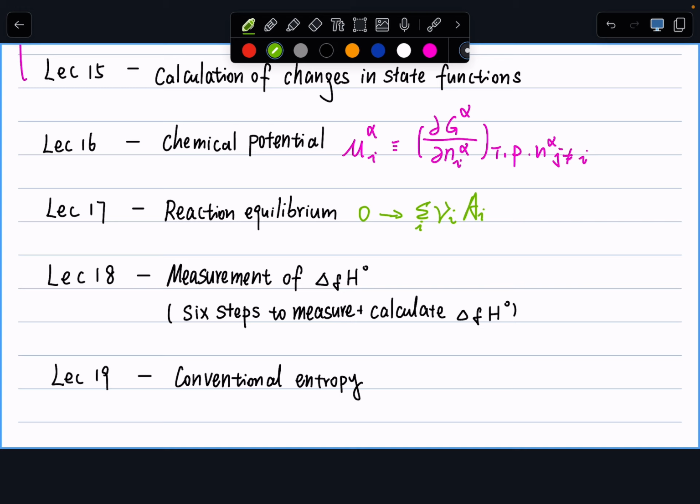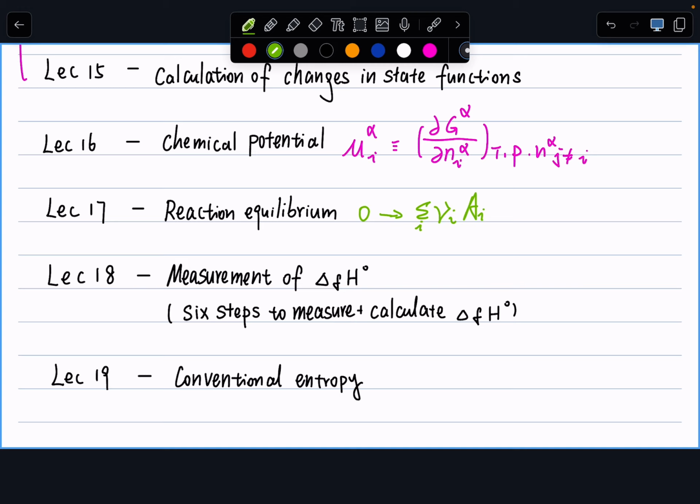If we have a reaction like aA plus bB goes to cC, what is the stoichiometric coefficient of my chemical species A? That's negative a. So know how to write it.